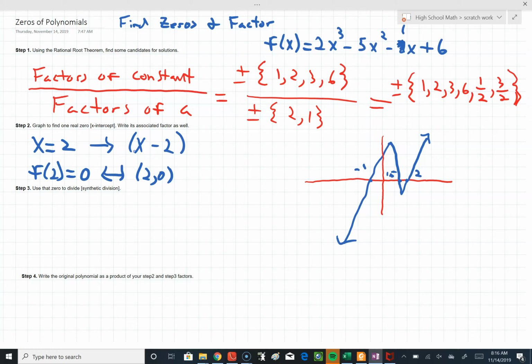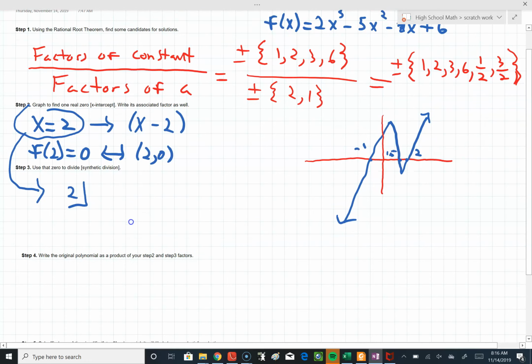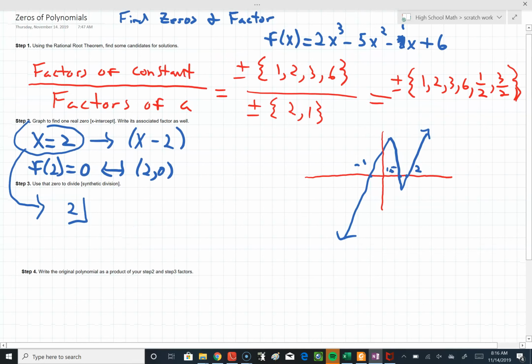All right. Jaden, what does step 3 say on the notes? Good. So we're going to use this 0, and we're going to perform synthetic division. We're pretending we don't know what all those roots are. For our synthetic division, we use the coefficients here: 2, -5, -1, and 6.